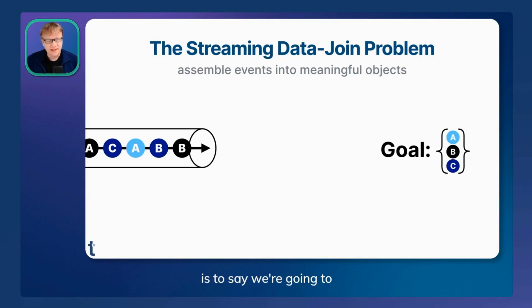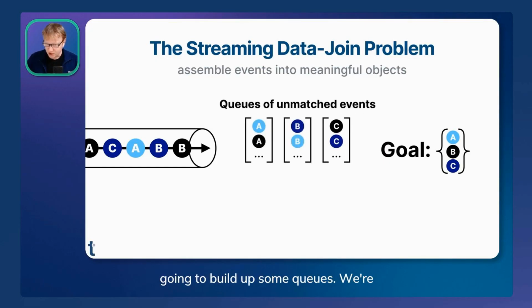And the typical approach is to say, we're going to plug into the stream and we're going to build up some queues. We're going to hold on to all the different types of things that we might see, because our goal is to put the pieces together and be able to emit an ABC, to send downstream to whatever the next service is, a combination of A's, B's, C's that are combined in just this way.